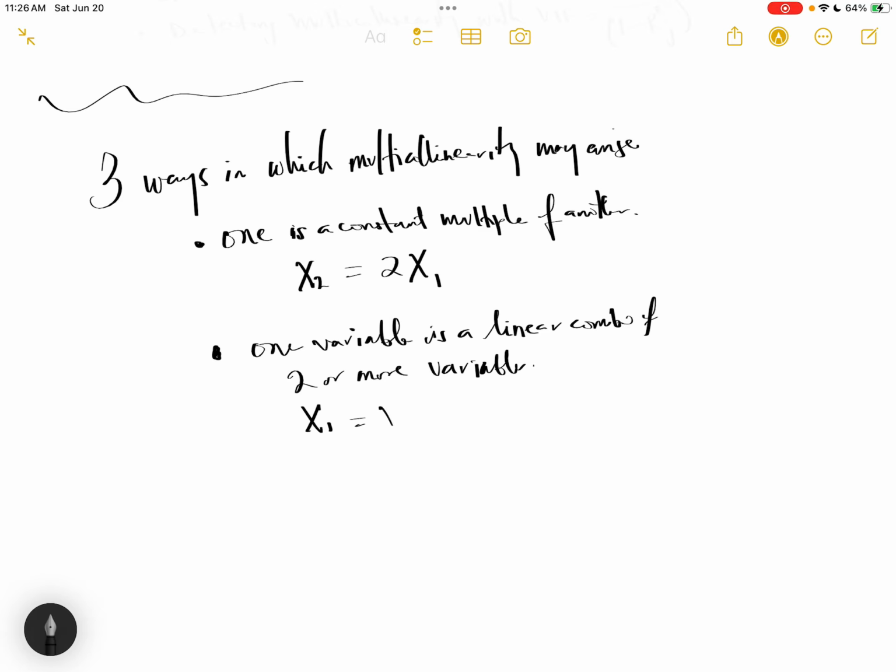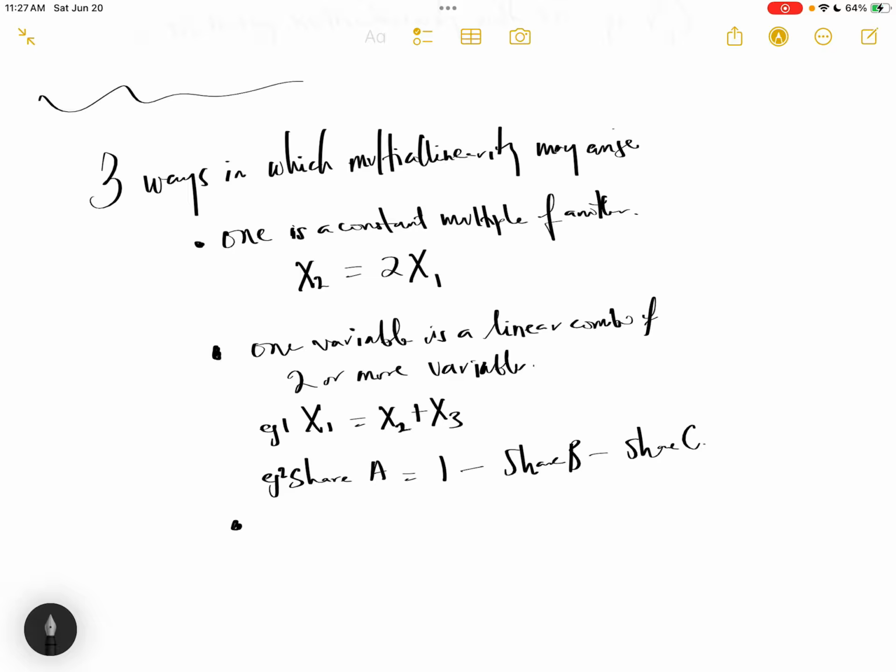For example, x1 equals x2 plus x3. Or you could have share A equaling 1 minus share B minus share C. You could have this too. So, example 1, example 2.